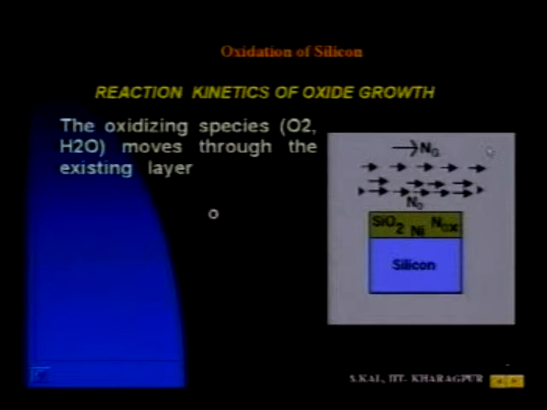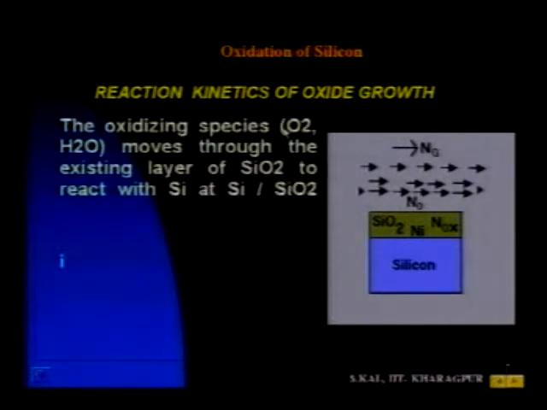You can see the oxidation species, oxygen or H2O, moves through the existing layer of SiO2 to react with Si at the Si-SiO2 interface.